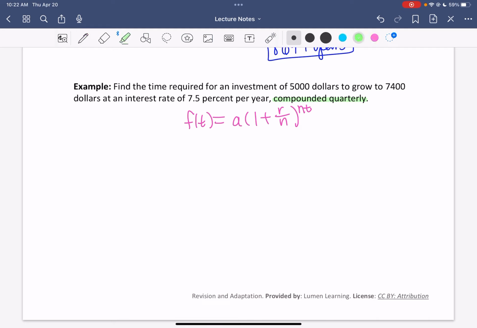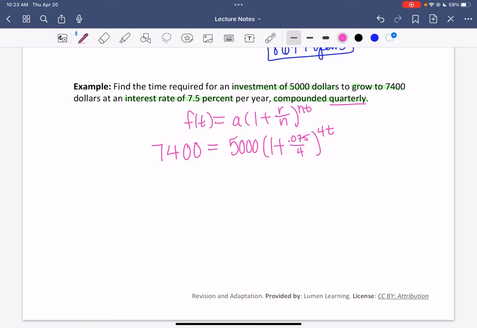I know that I had an investment of $5,000, so that means I'm going to have $5,000 right here. And then I want it to grow to $7,400, so that's what it's going to be equal to. And then I say I have an interest rate of 7.5%, so that's my r, so I'm going to say 0.075. It's compounded quarterly, so that gives me a 4 for my n. And then we're trying to find t.